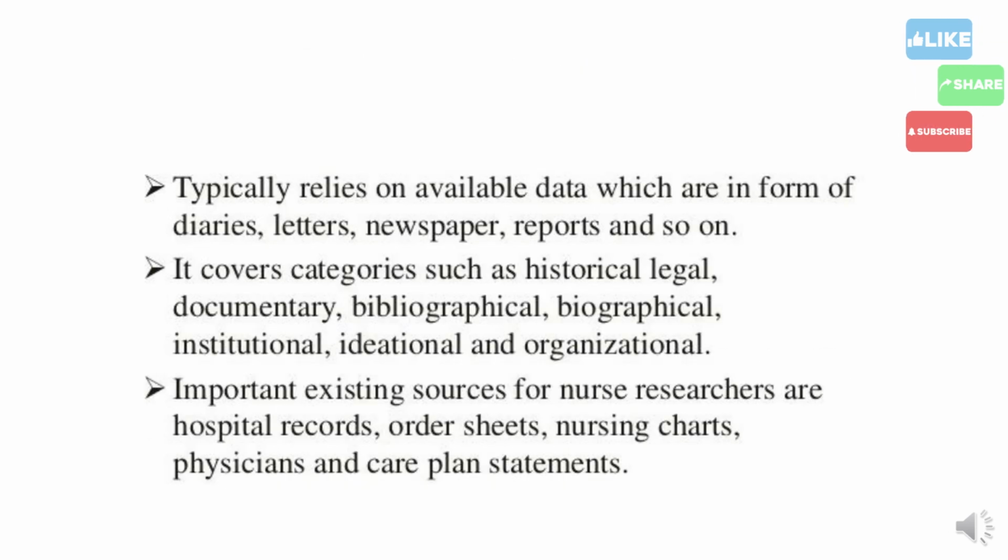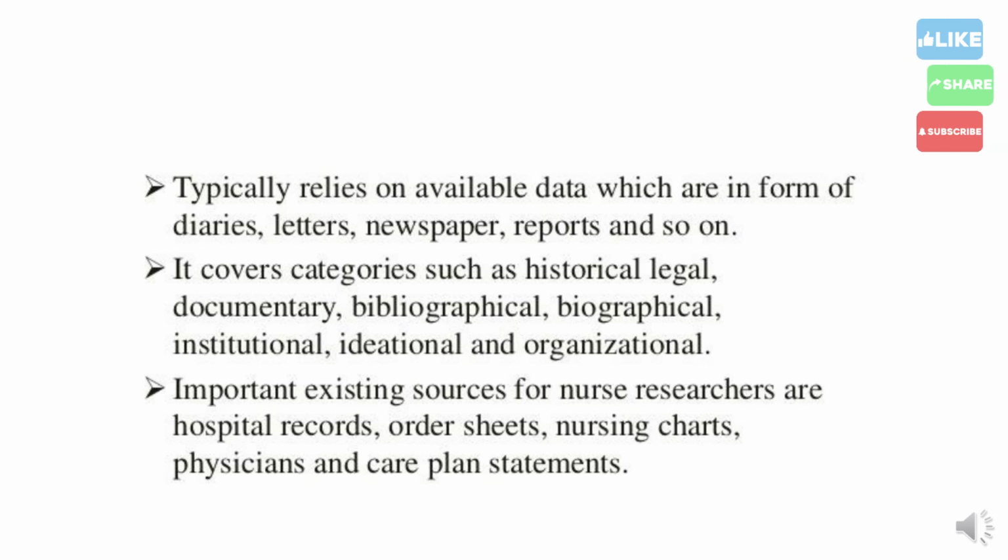Typically, it relies on available data, which are in the form of diaries, letters, newspapers, reports, and so on. It covers categories such as historical, legal, documentary, biographical, institutional, and organizational. The important and existing sources for nurse researchers are hospital records, order sheets, nursing charts, physicians' and care plan statements.